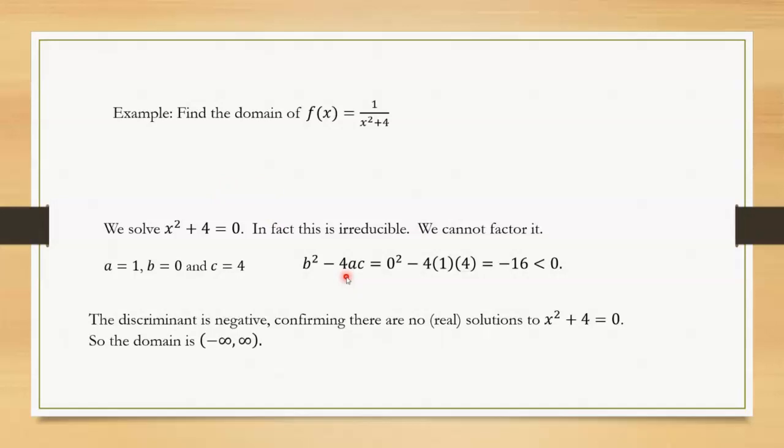This would be negative, hence there'd be no solutions. I'm just saying, let's just calculate the discriminant, and we can see that it's negative. So we save a little bit of work. This has no real solution. Since this has no solutions, we don't have to throw out any numbers. Every number is in the domain.